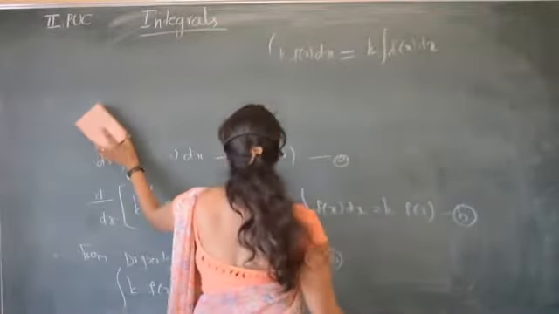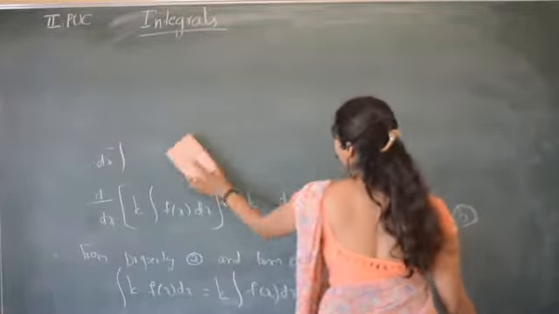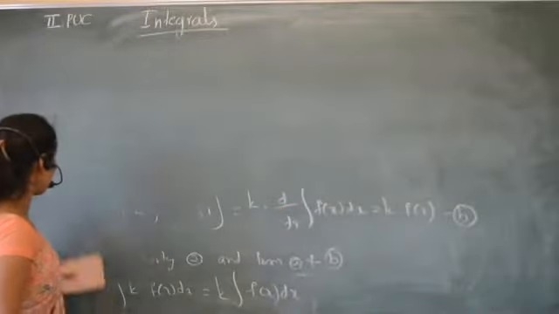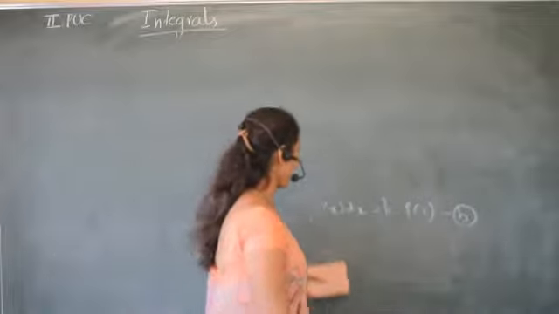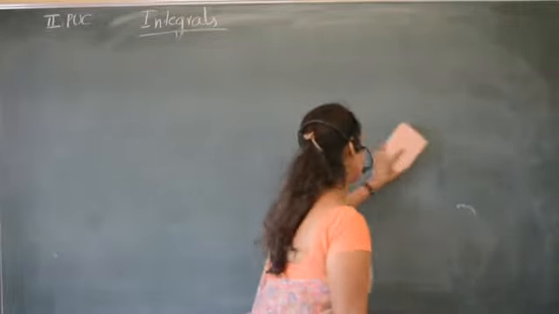So next property, the fifth one. If there is only one function, I can write integral of k f of x dx is k into integral of f of x dx.